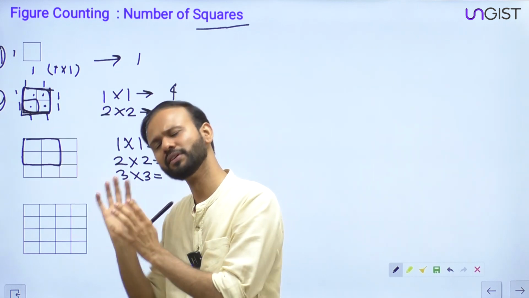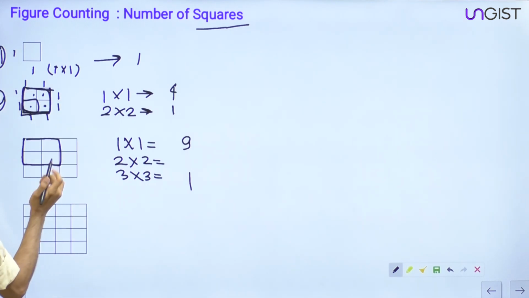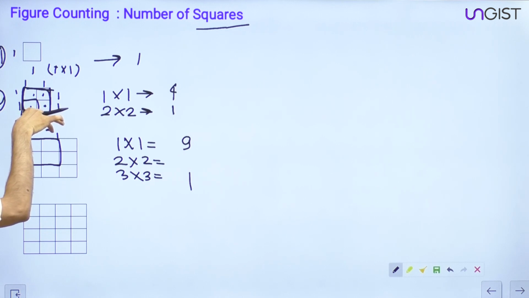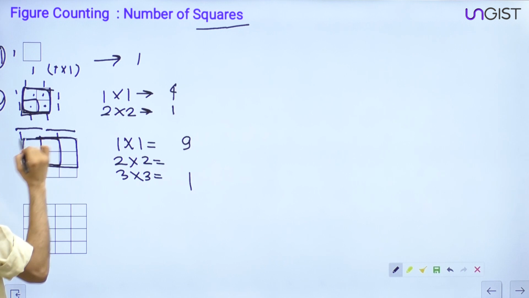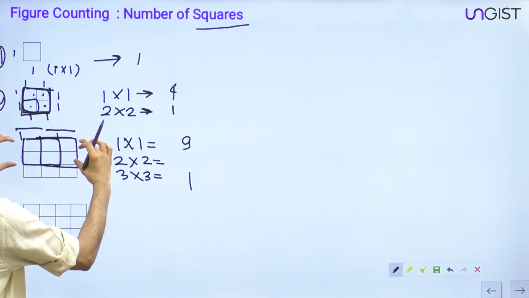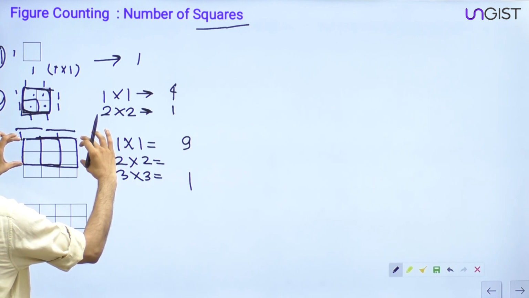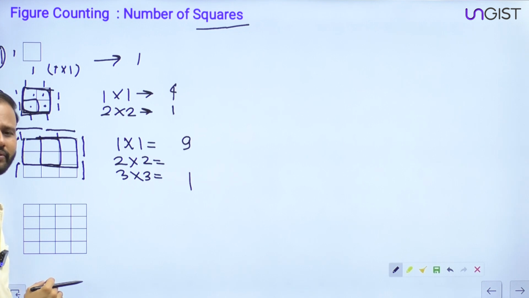Where it can go, let it go. This is 1 2 by 2 order square. Just move this from here to here. If it comes here, we will have one more 2 by 2 order square. After that, the same thing can come over here also.